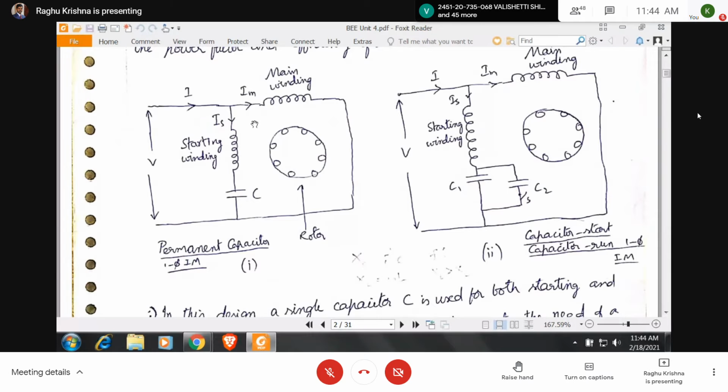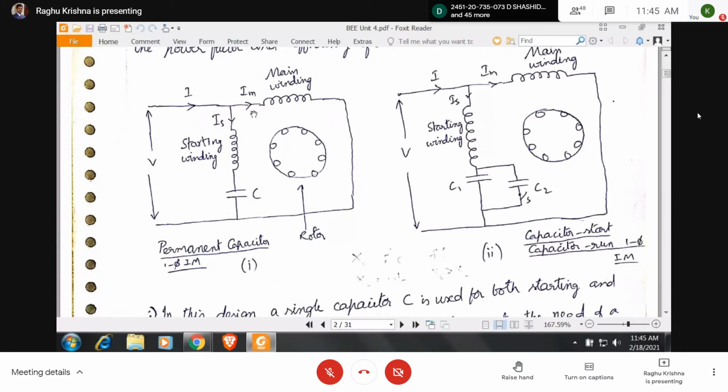So you are going to have two fluxes, and the two fluxes will have a phase displacement. When you have a phase displacement between two fluxes, you are going to have a rotating magnetic field. If the phase displacement is near 90 degrees, you are going to have a constant magnitude rotating magnetic field.